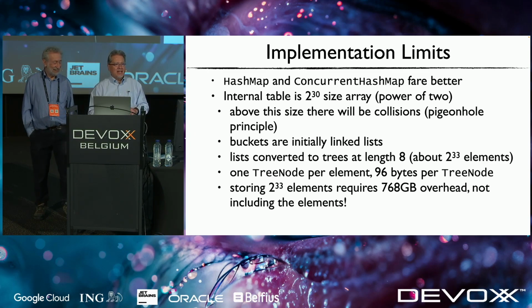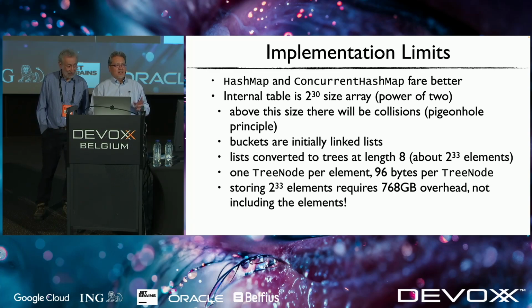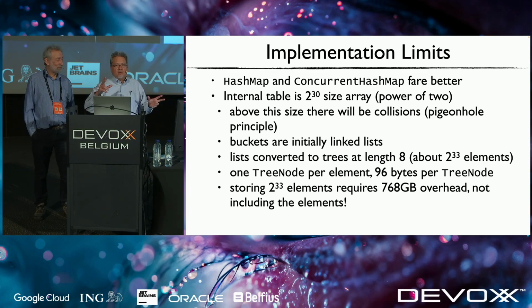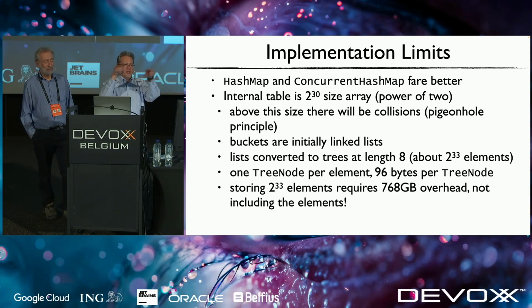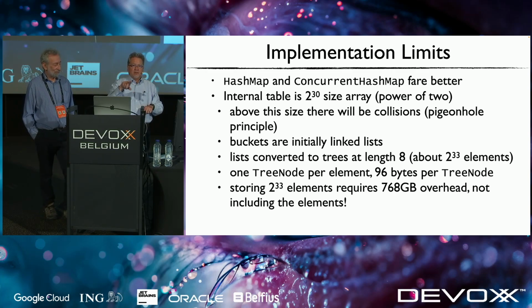Now let's say you're adding billions and billions of elements to a hash map. What's going to happen is that the table can't be increased, and so the linked lists in each bucket start to build up. And that's okay. They're only going to be a few long. If you have a good hash function, it's going to find you the bucket, and then you're only going to have to search a handful of elements. And you can actually pretty much store a few billion elements that way.